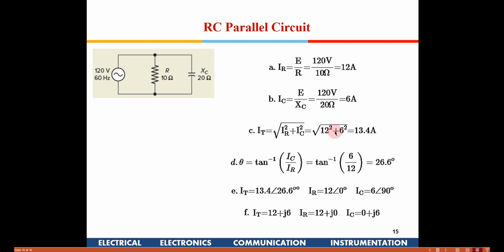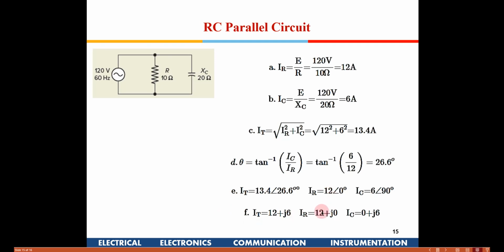Now you can find the total current, which is the square root of 12 squared plus 6 squared. And then the phase angle is tan inverse of IC divided by IR, so you get this value. This is written in polar notation, and this is written in rectangular notation.